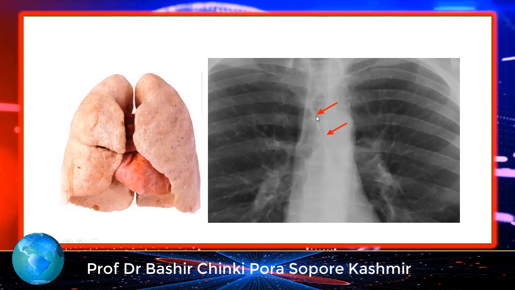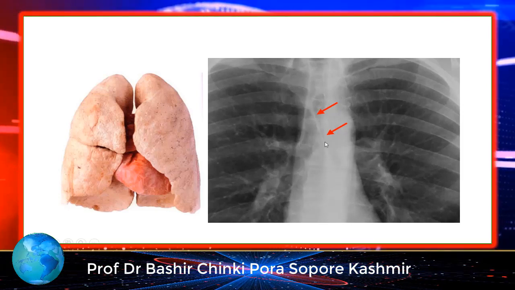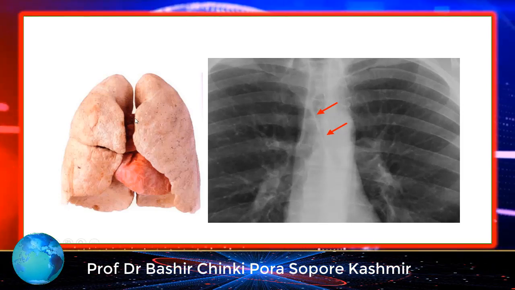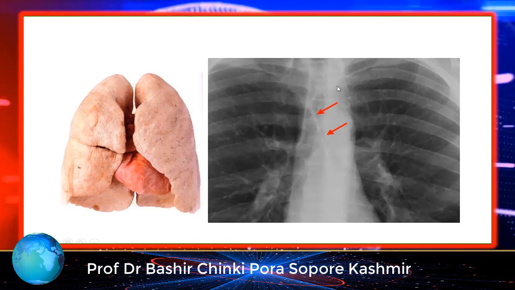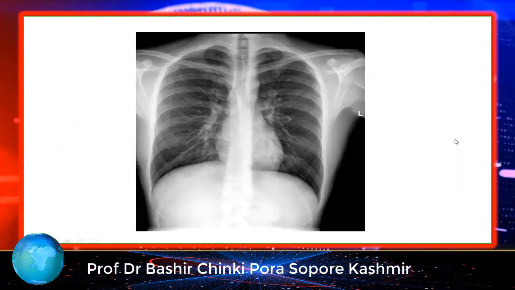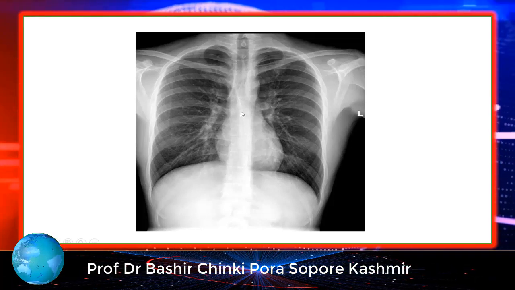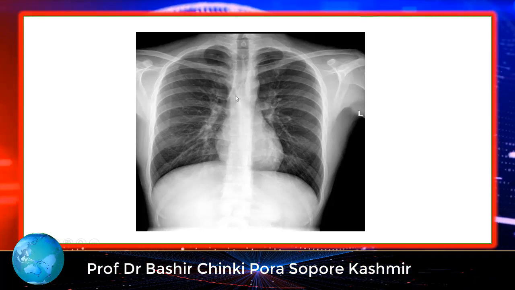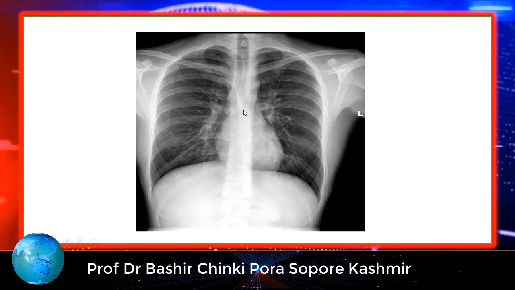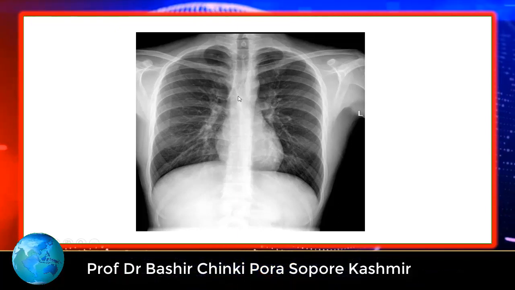This is the anterior junctional line. If I show it here, this oblique line on the X-ray, what is it called? Yes, this is called the anterior junctional line.